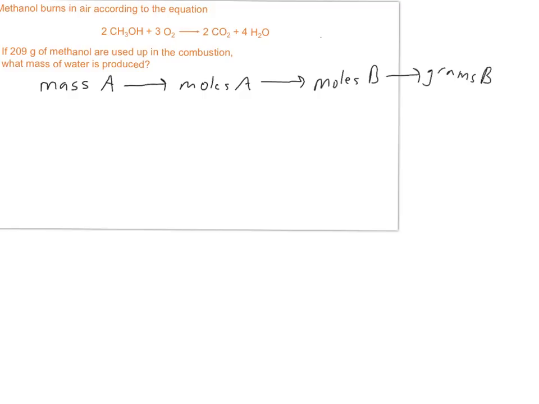So in this example, we have 209 grams of methanol, CH3OH. So we have to use the molar mass of methanol.